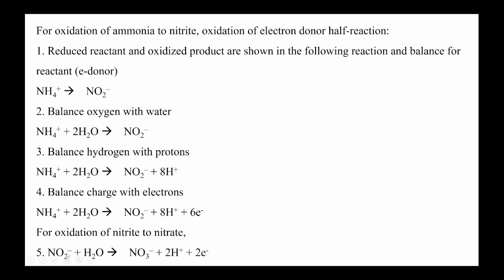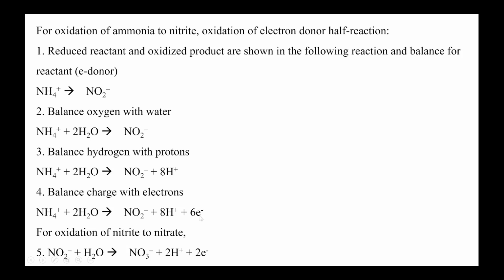Then we'll balance the charge. We have -1 charge here and we have 2 minus 1, that is +1 charge here. So if we add 2 electrons, here also we will have -1 charge. -1 +2 -2, so the total charge is -1. So 2 electrons are required for the oxidation of nitrite to nitrate.